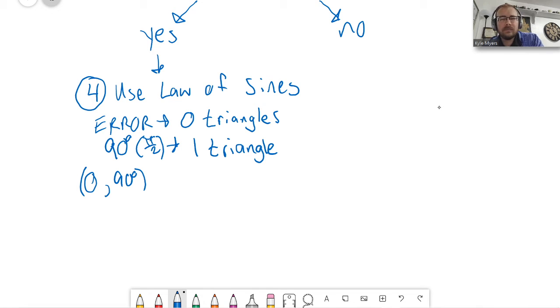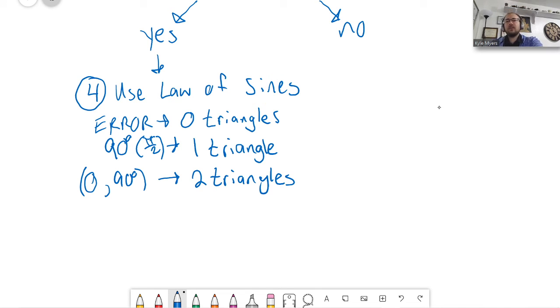If it's 0, that would be an error. You can't have a 0 degree angle in a triangle. So between 0 and 90, then we have 2 triangles.